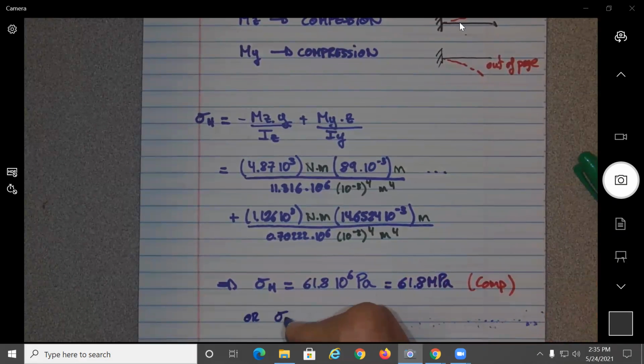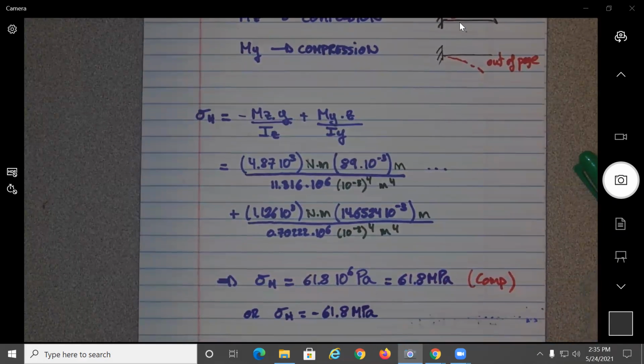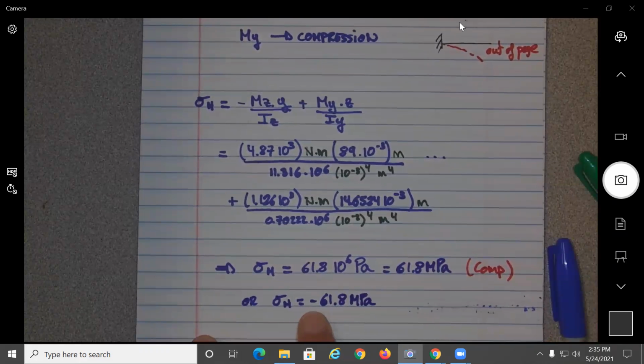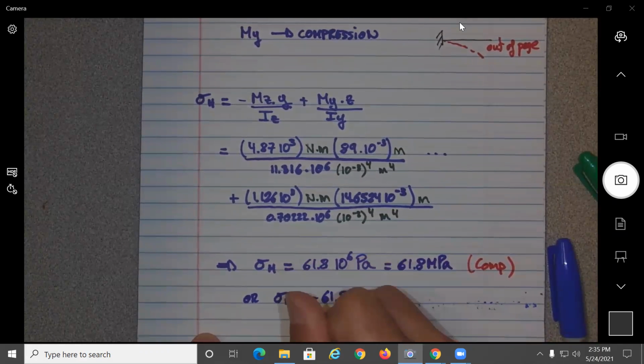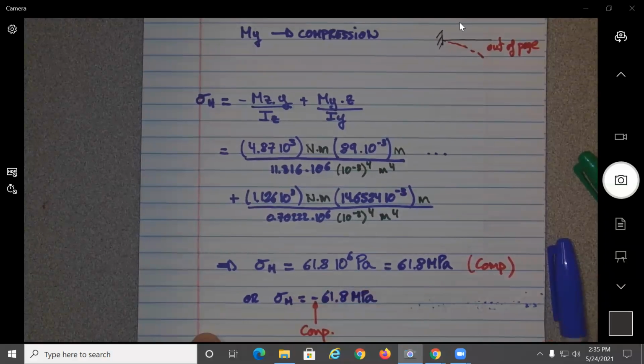Or you could just rewrite sigma sub H equal to minus 61.8 megapascals, and I will understand that the negative sign means compression. Okay.